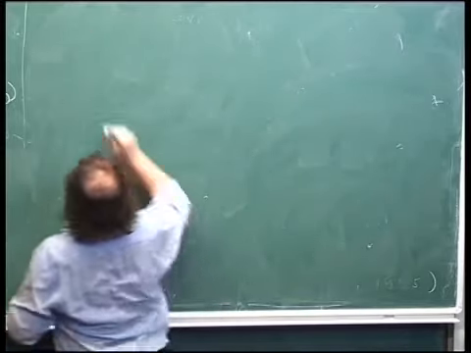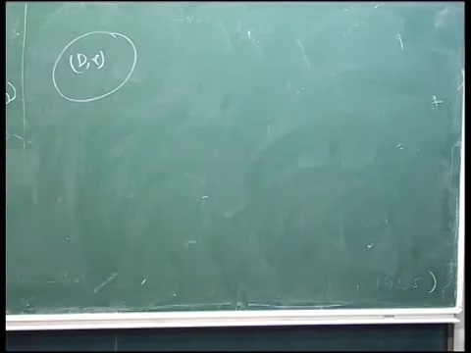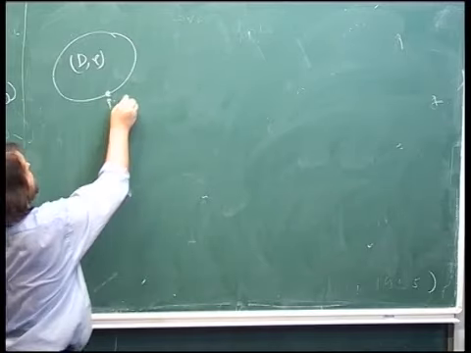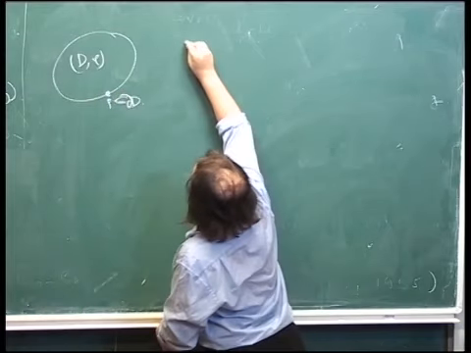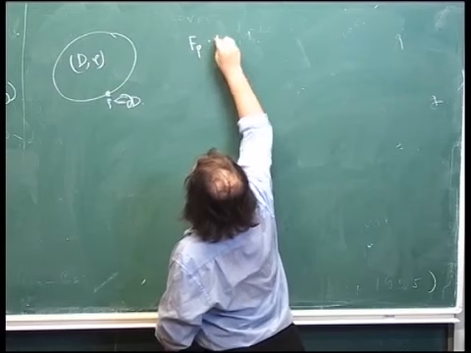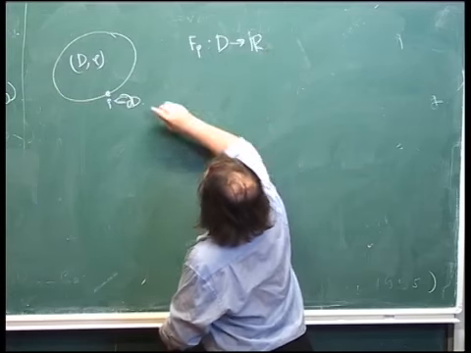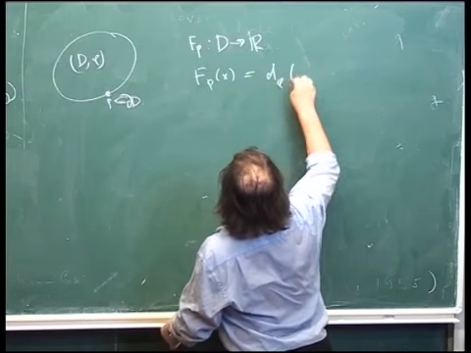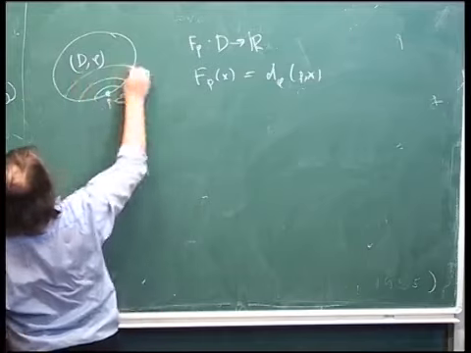Let me consider my space, Finsler space, or Riemannian, it doesn't really matter at this point. And for each point P on the boundary, I consider the function Fp on the disk, which is just the distance function from P to S. So its level sets look something like this.